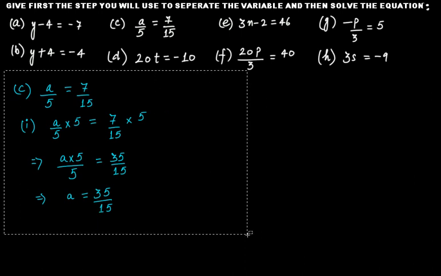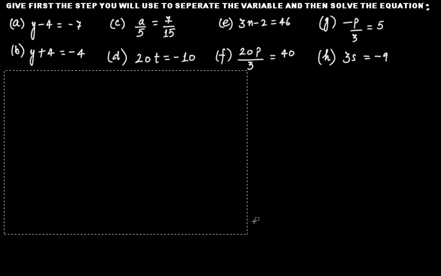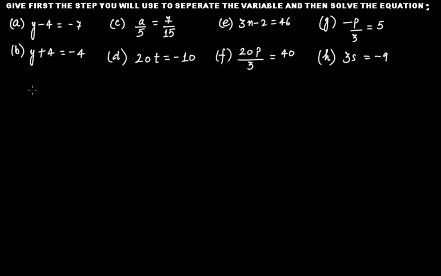Now this D is 20 t equals to minus 10. T is a variable in this case. So what you will do in order to get only t, that is a variable on the left hand side, since we are multiplying 20 with t, therefore if we divide both the sides by 20 you will only get the variable on the left hand side.